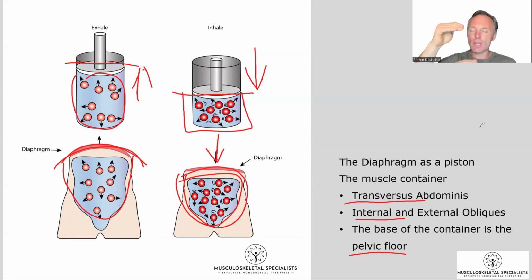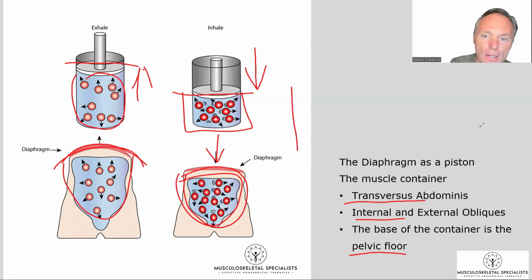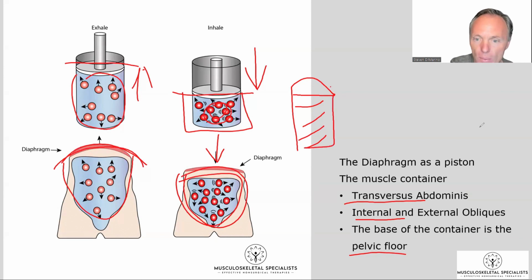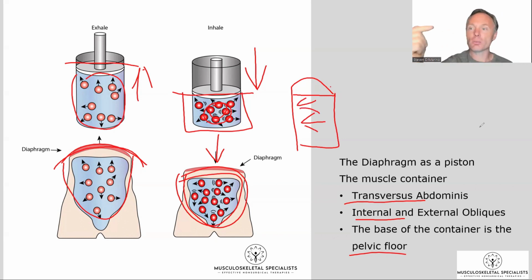You've got your spine here, the diaphragm sitting here, and your transverse abdominis. When the diaphragm comes down, you get an incredible amount of pressure against your spine, pushing it from the anterior to the posterior direction.